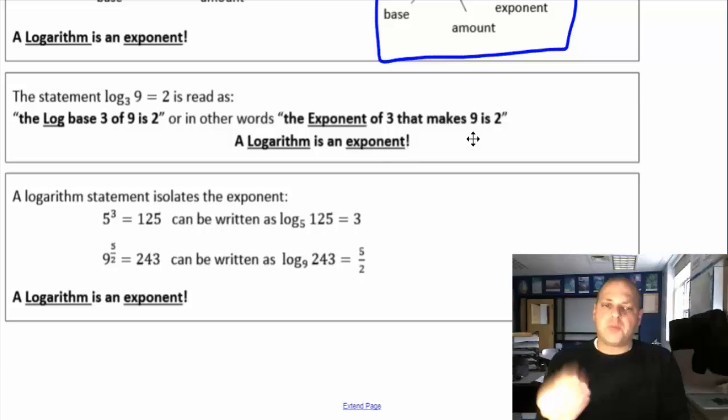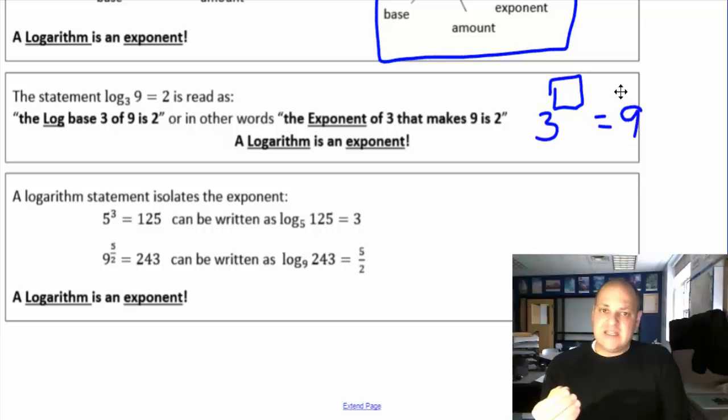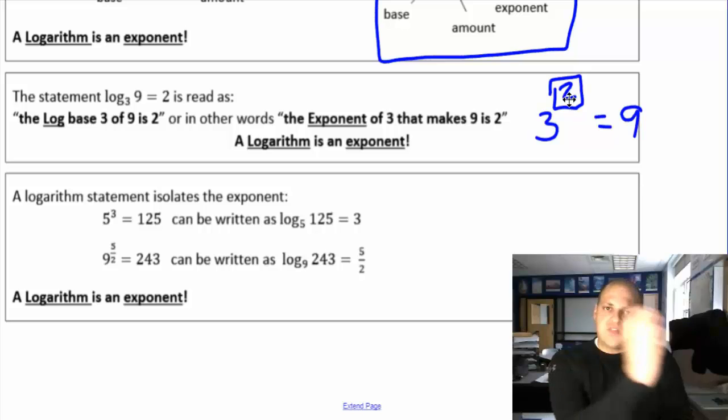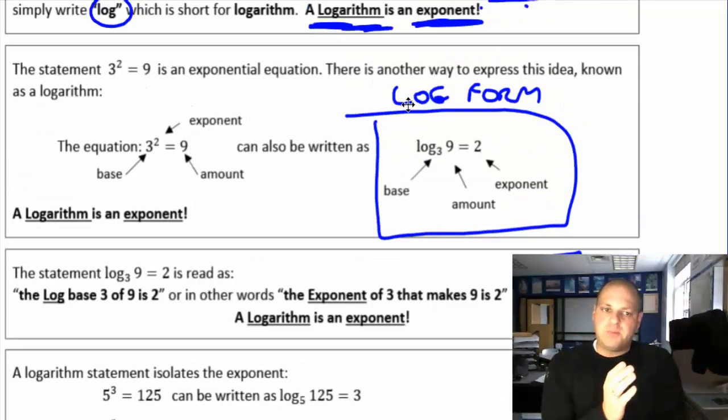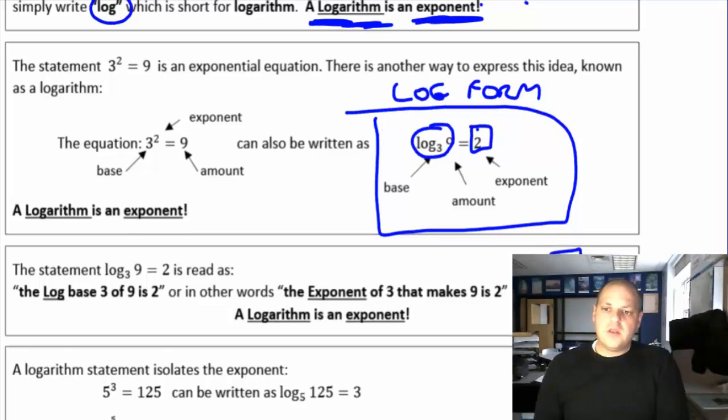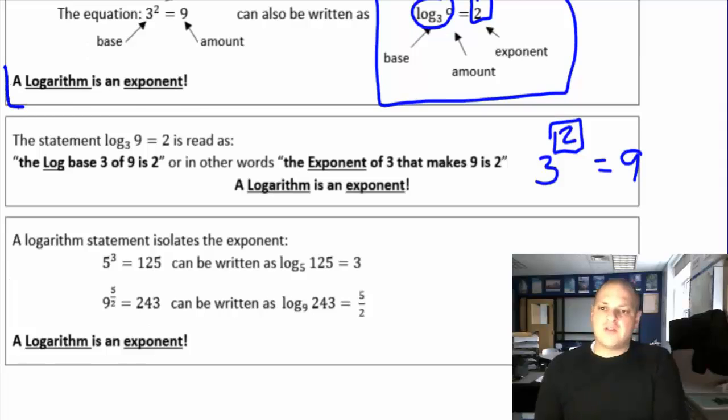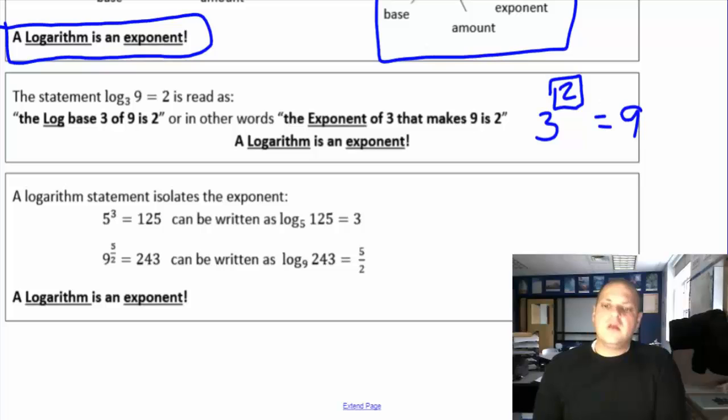The exponent of 3 that makes 9 is 2. The log always equals the exponent. That's very important. This is a log expression, and it's going to equal the exponent. Unknown exponent. Why? Because a logarithm is an unknown exponent. A log statement isolates the exponent.